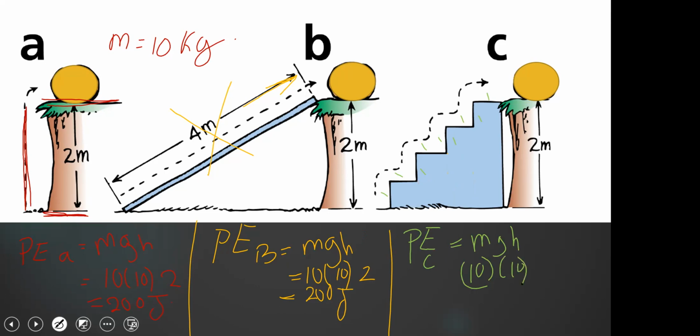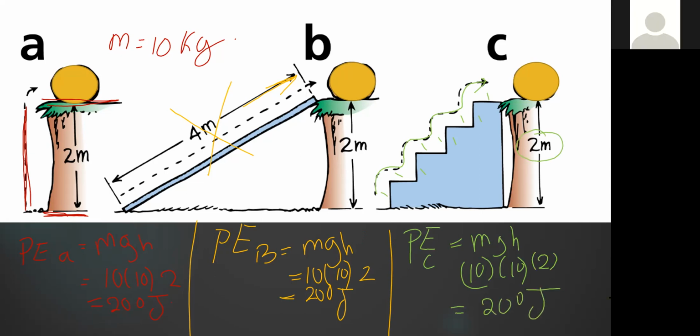Is it the distance where the ball is going up, or the vertical distance? The vertical distance, which is 2. Yes, bravo. You also have to use the vertical distance, which gives 200 joule. Is it clear? Yes.